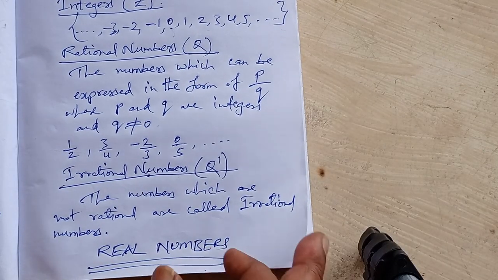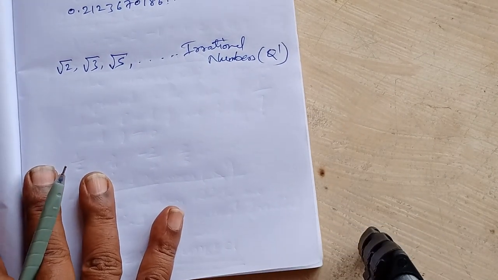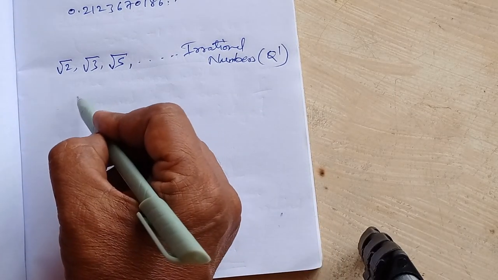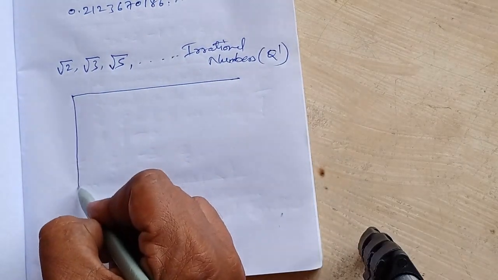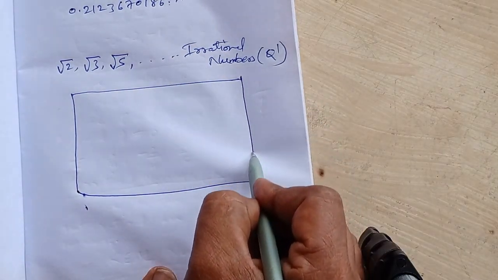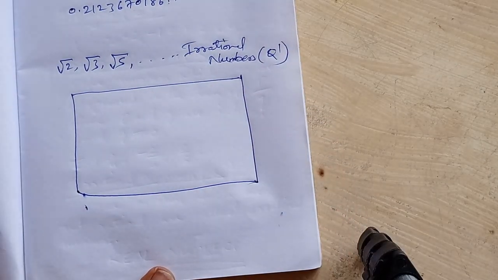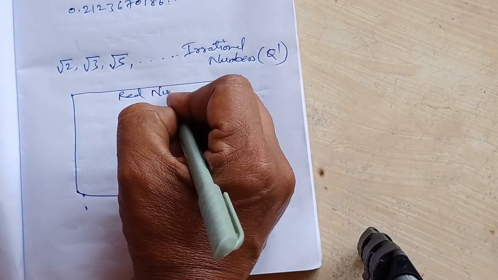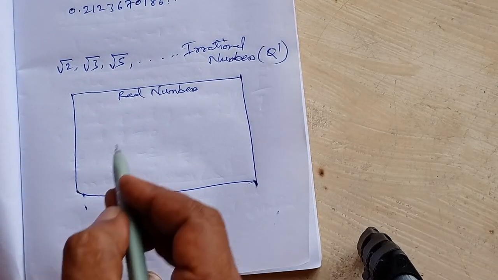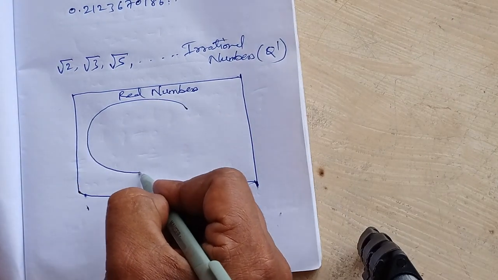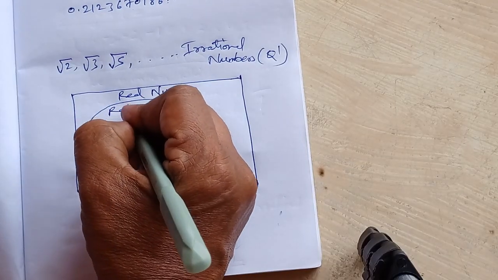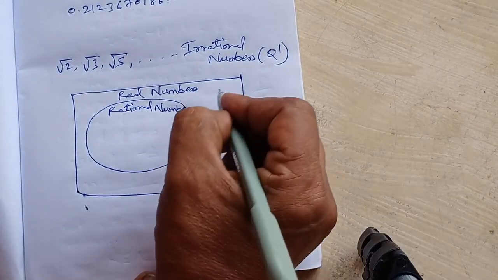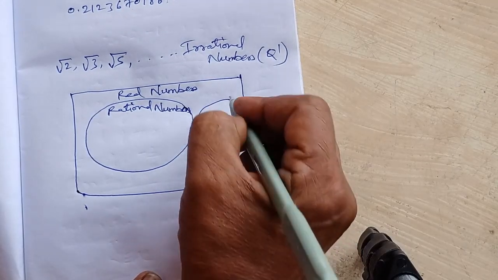We can now draw a Venn diagram of real numbers. Suppose this box is the real numbers box, and in the real numbers there are rational numbers and irrational numbers.